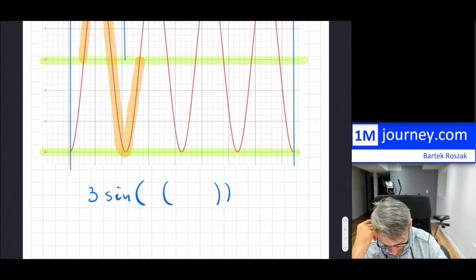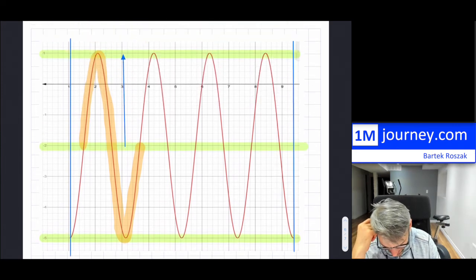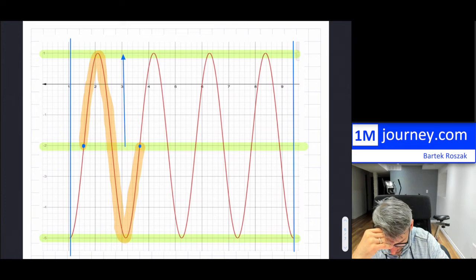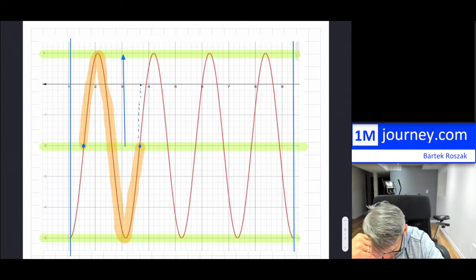what has happened to my period? This is in radians. If it's from here to here, I'm going to assume that it's pi. I'm trying to find whatever value this is right here, somewhere along here, and then somewhere along here.